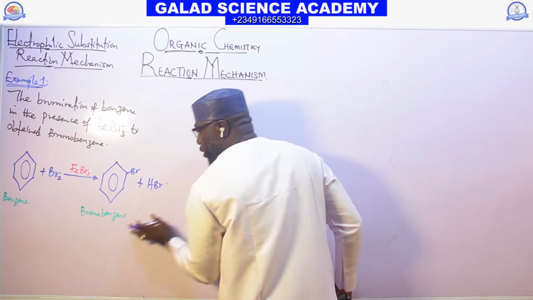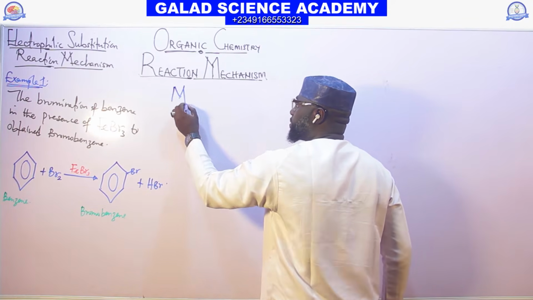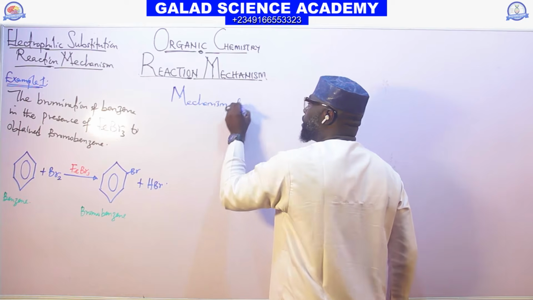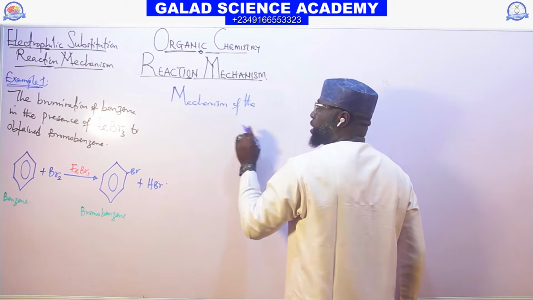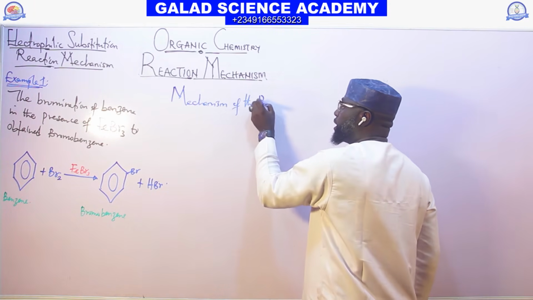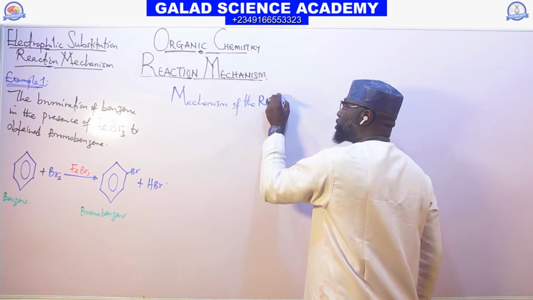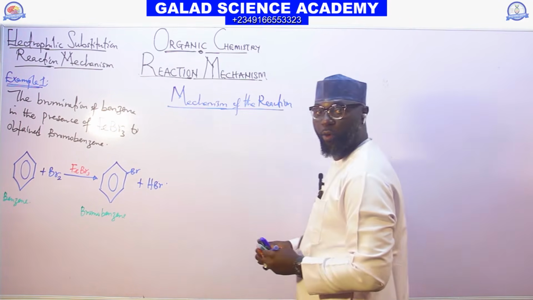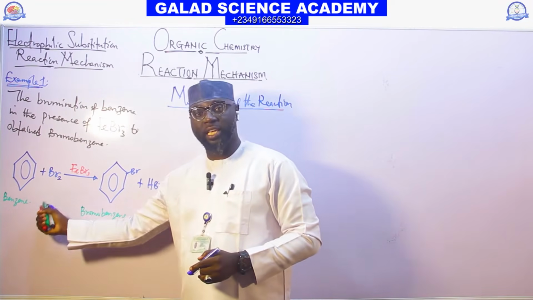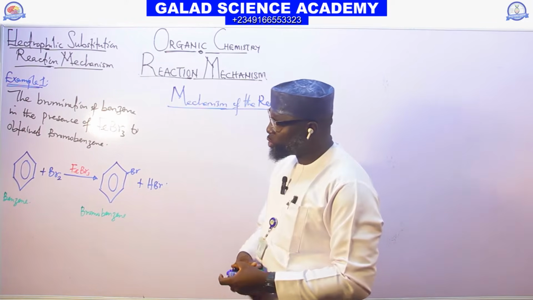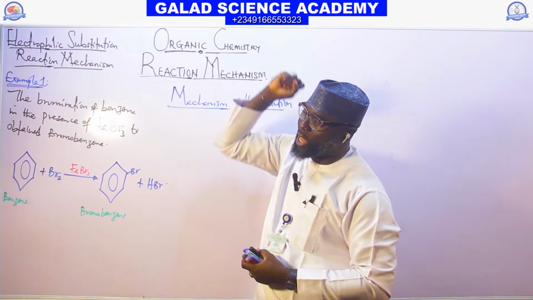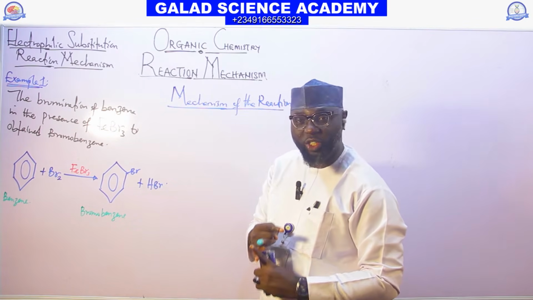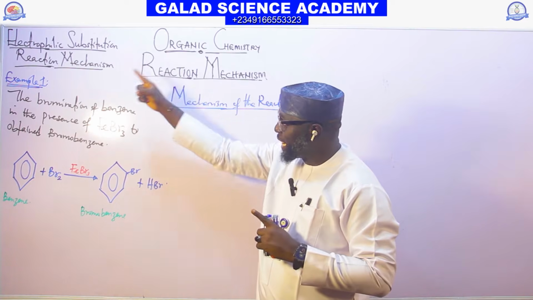The mechanism of this reaction. Notice this reaction now, we want to look at the mechanism. The mechanism of this reaction is comprised of 3 stages. Step 1, formation of electrophile.